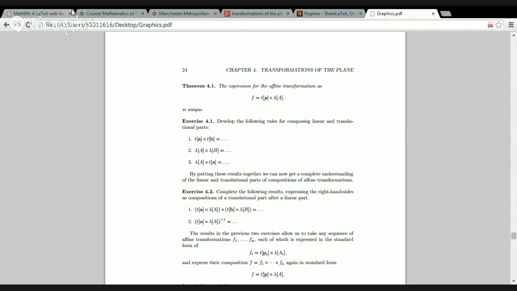Okay. So we could finally then say that the standard form of f squared is: f squared equals translation by this vector 0, minus 2, followed by the linear transformation represented by the matrix minus 1, 0, 0, minus 1.